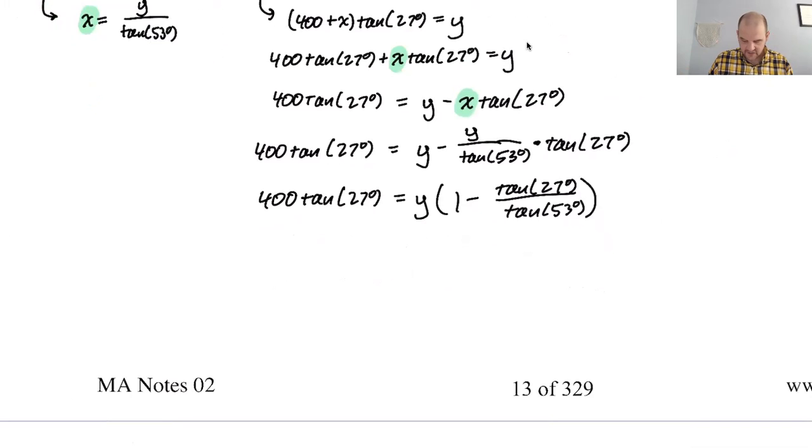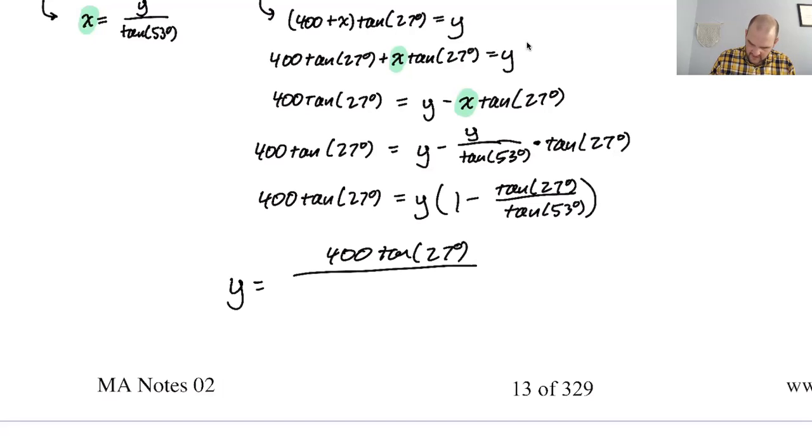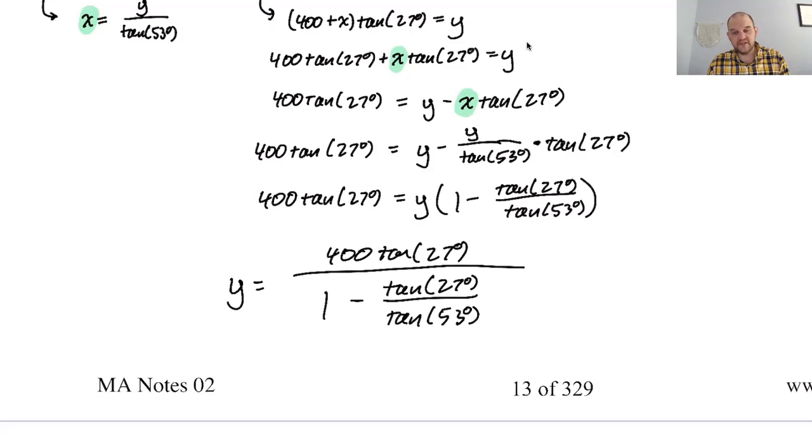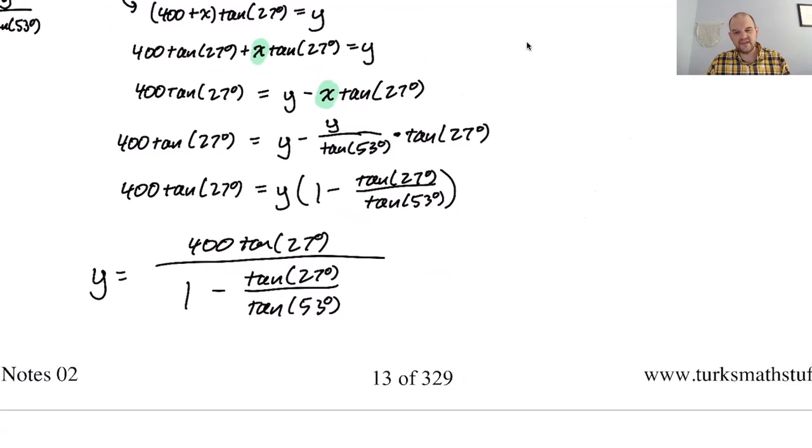So here, I actually know that y equals 400 tangent 27 divided by 1 minus the tangent of 27 over the tangent of 53, which you could potentially leave as your final answer. I think it's a little messy.